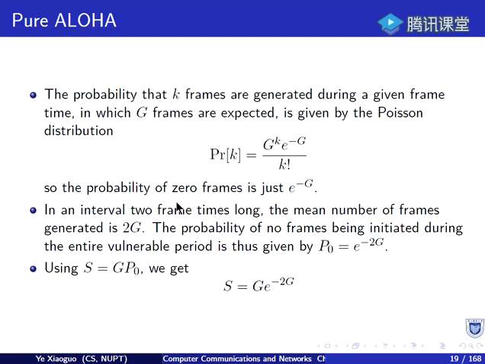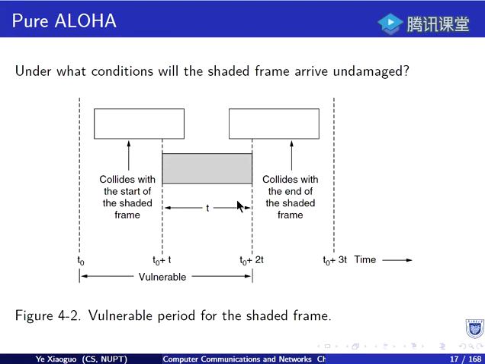So the probability of 0 frames is just e to the power of minus G. Why do we consider 0 frames? Because if there is a frame during this slot, or if there is a frame during the second slot, then the shaded frame will collide and will not be successfully transmitted.